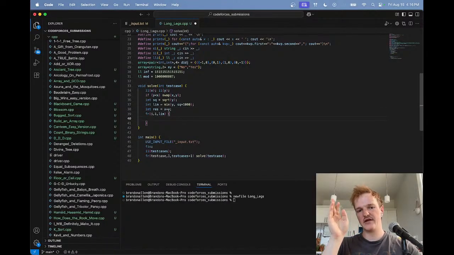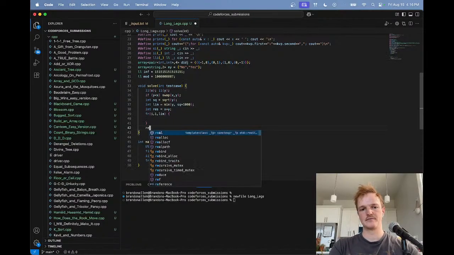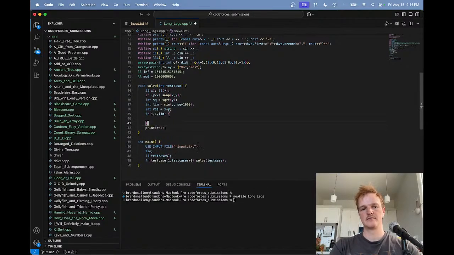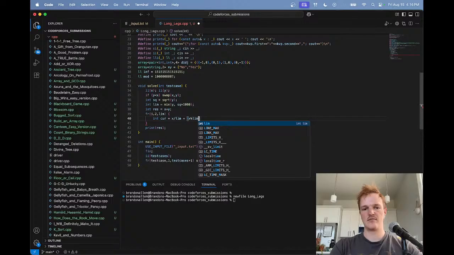You just immediately start going. So for i from 1 to lim, I guess I can say 2 to lim, current equals x over lim plus x percent lim doesn't equal 0.